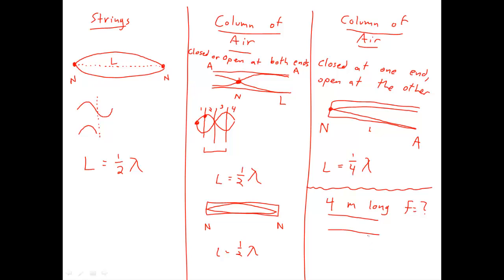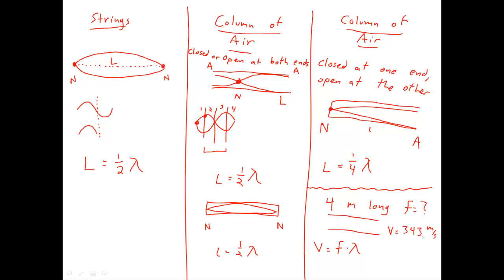What is the note? Well, to do this, you have to know what's actually producing the sound. The air itself is producing the sound. So we're going to use this relationship right here, V equals F lambda. You should remember this from your notes. The velocity is going to be the velocity of sound in air, 343 meters per second. Sometimes it's 344, sometimes it's 333.